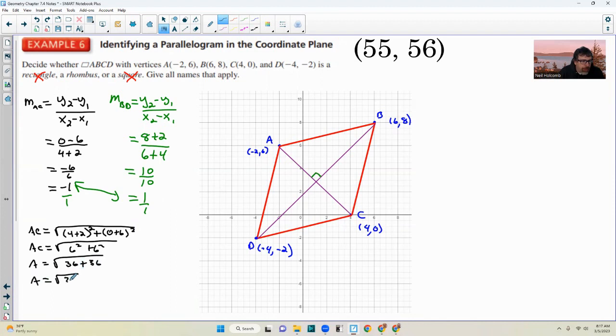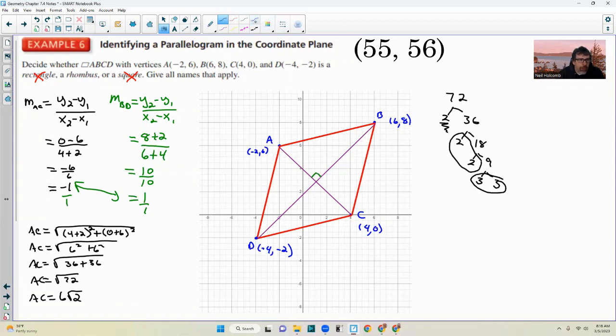AC is the square root of 72. Now, you don't have to simplify that, but maybe we should. 72 is 2 times 36, which is 2 times 18, which is 2 times 9, which is 3 times 3. I have a pair of 3s. I have a pair of 2s. 3 times 2 is 6. And if I don't have a pair, that stays under the radical. So that simplifies to 6 square root 2.